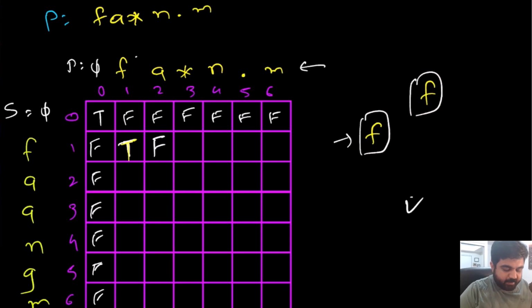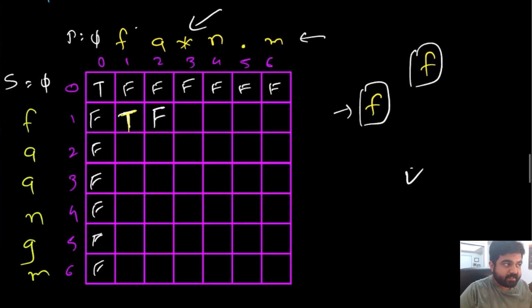And why did this happen? Because we had a star value over here and we were dealing with the star value. So now the new rule comes: whenever we are dealing with a star value, we will have to check the value before its preceding value, and if that is true, then we can directly mark true over here.